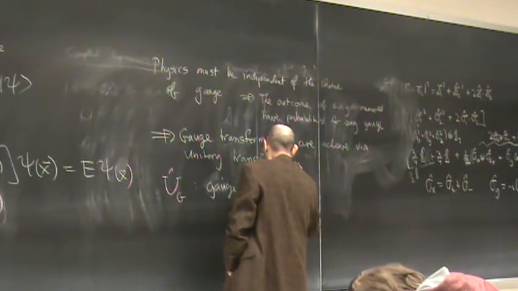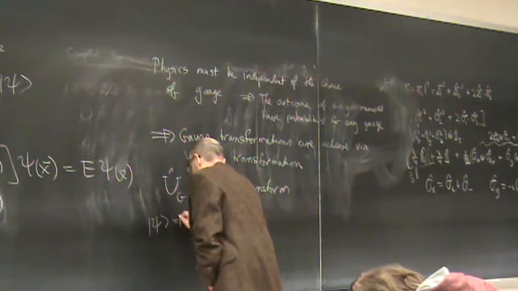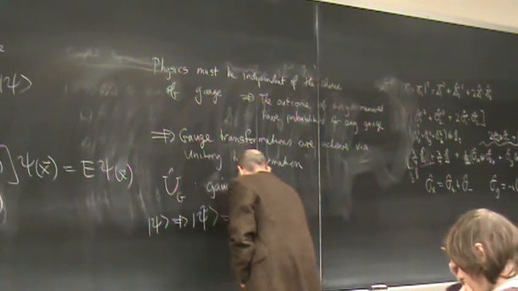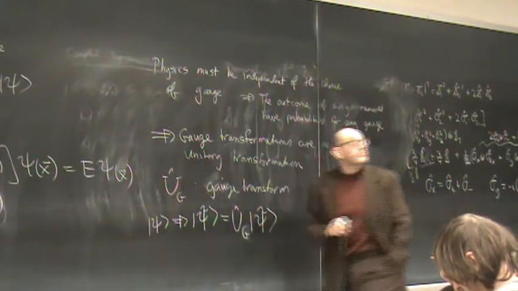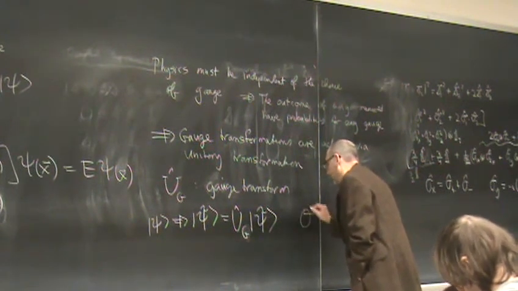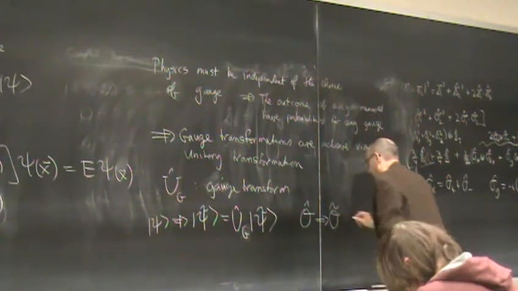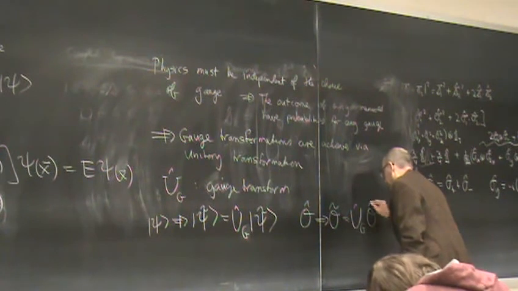What that means is that I let psi become psi tilde by unitarily transforming it, and I let my observable go to O tilde by a unitary transformation.